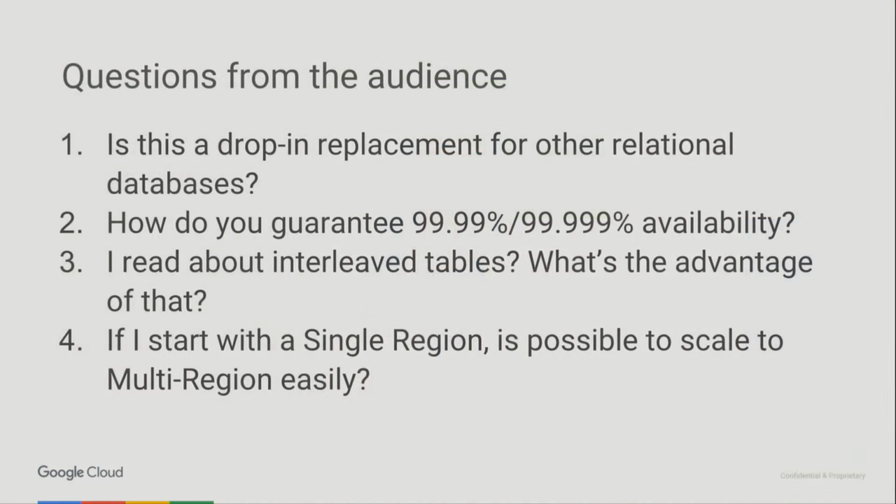The next question we have is, how do you guarantee 4 nines and 5 nines of availability? That's a great question. So just to recap, Cloud Spanner offers 4 nines of availability for our regional instances and 5 nines for our multi-regional instances. GCP zones by themselves offer 3 nines of availability per zone.